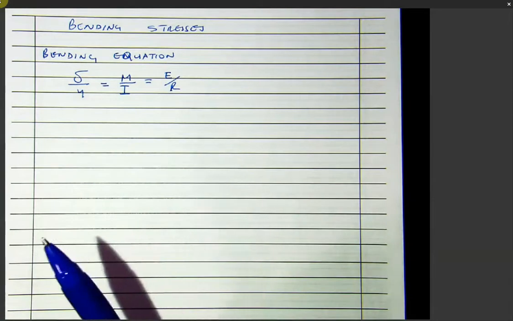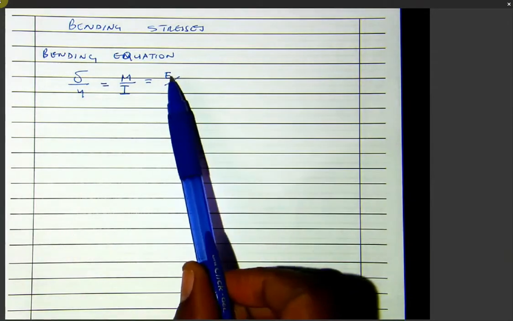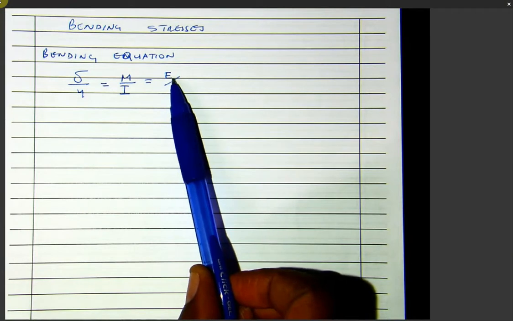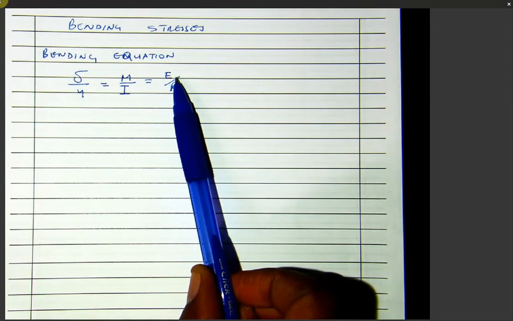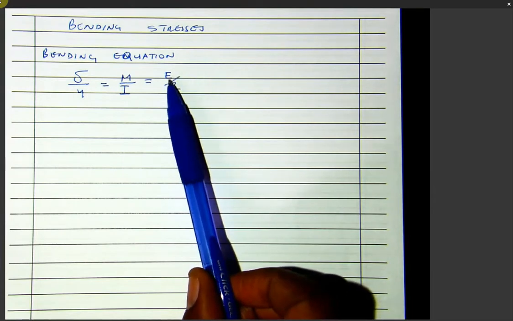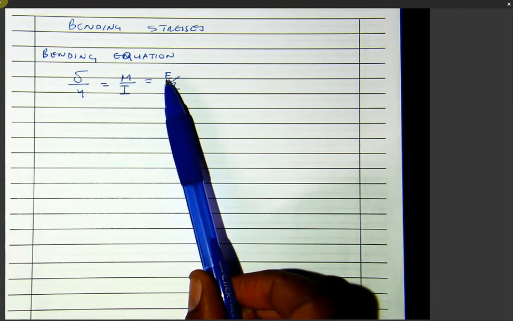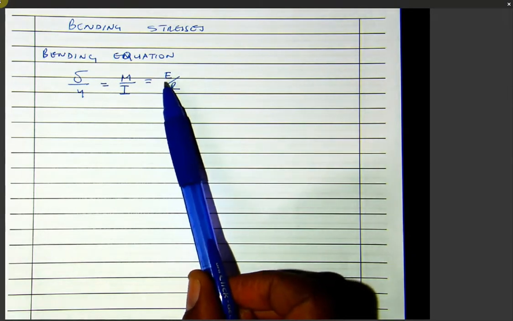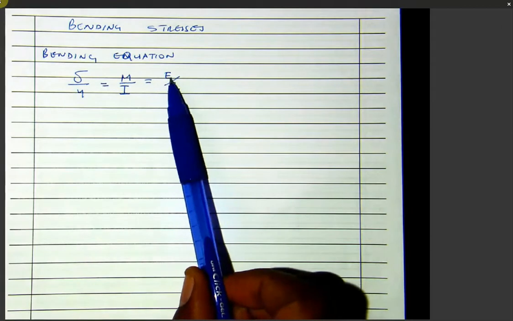E being the Young's modulus of that section, or the Young's modulus for the material that you are designing. Like E, for example, for steel is 200,000 newtons per millimeter squared, or kilonewtons per millimeter squared, or it's newtons, MPa.